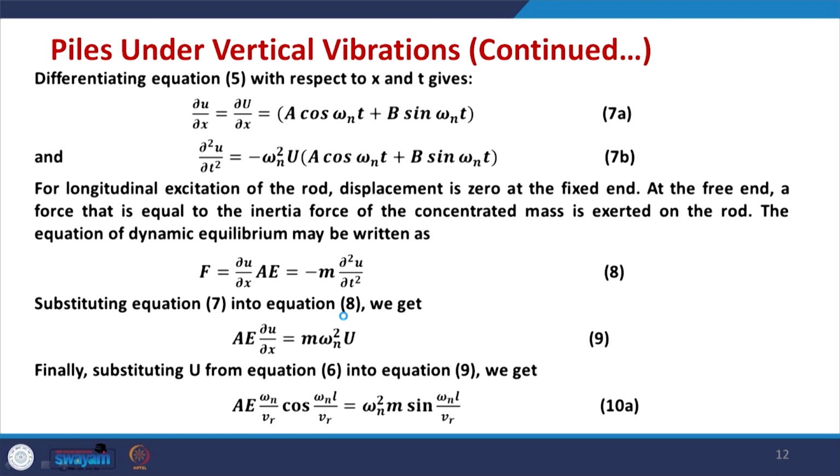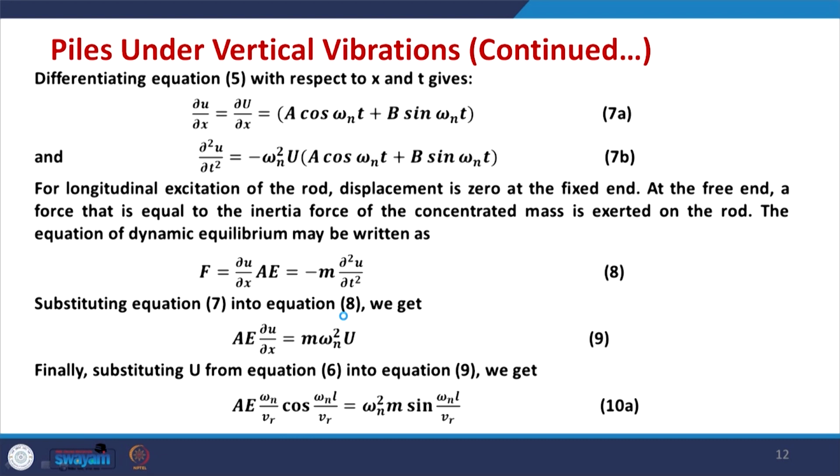So, a negative sign has been used in equation number 8, and in equation number 8, del u by del x and del square u by del t square are put from equations 7a and 7b. Using equations 7a and 7b, equation 8 can be written as given by equation 9. Now equation 9 represents the equilibrium of the inertial force and the resisting force on one side.